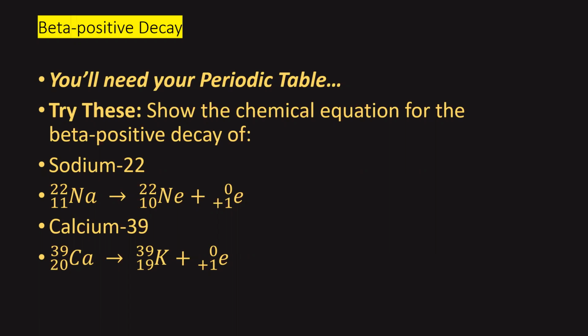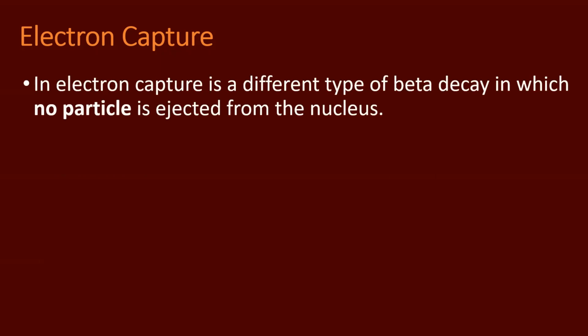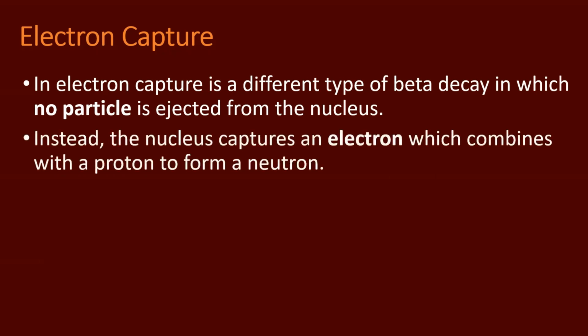As it turns out, there's another way that electrons are involved here, and we're going to call that electron capture. Electron capture is a type of beta decay in which no particle is ejected from the nucleus. Instead, the nucleus is going to give a big squeeze, a nice hug, to the electron.